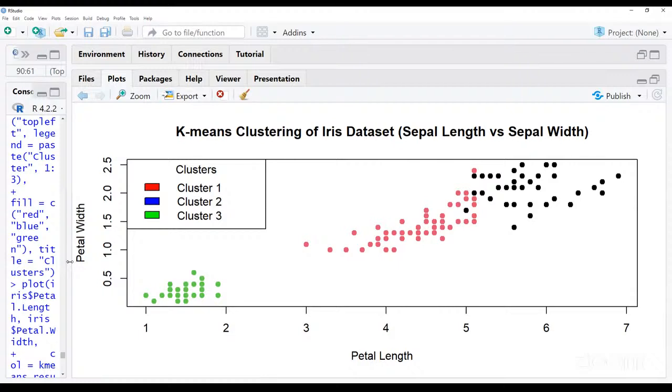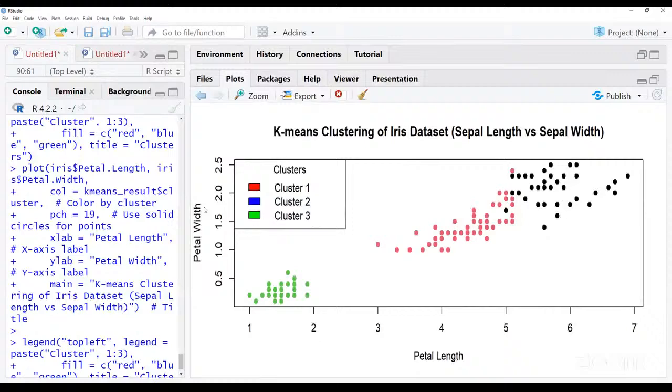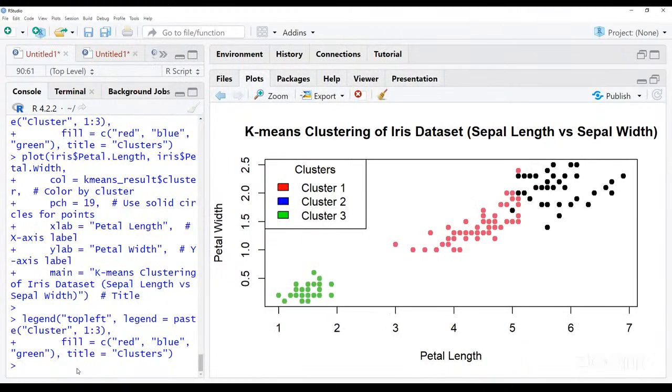So these are the individuals. You can identify the individual. Farah, you write down locator, bracket 1.